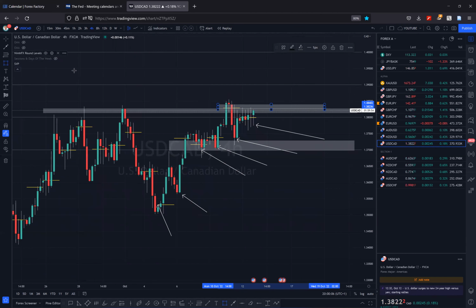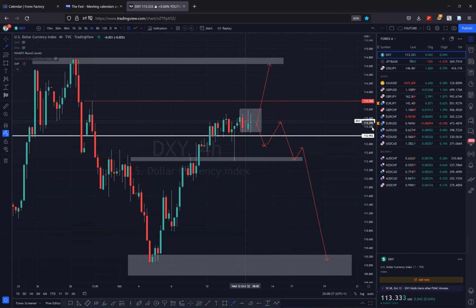If we get a break, I'll wait for a pullback to test the psychological level 1.38, and I'll look to go long, take profit 1 here, and take profit 2 here. So I'm bullish here. I expect all this is going to make sense when we get a push up on Dixie. So it's important to keep an eye on Dixie. Keep an eye on Dixie above 112939.